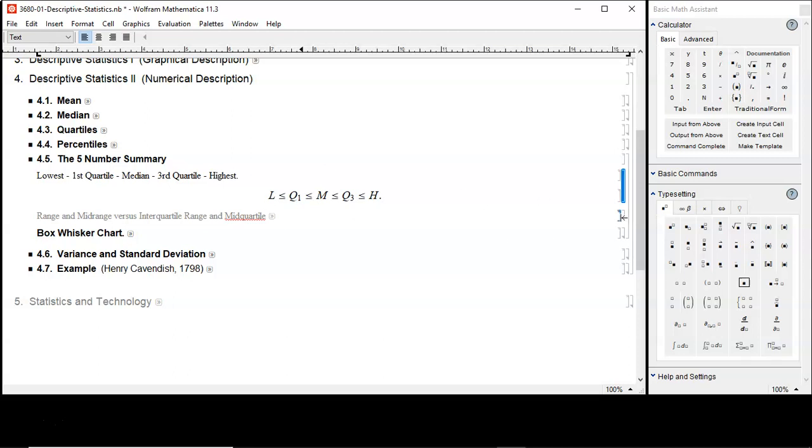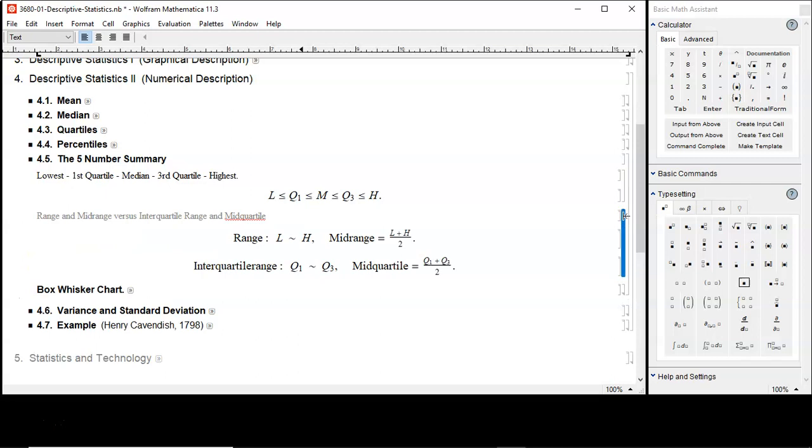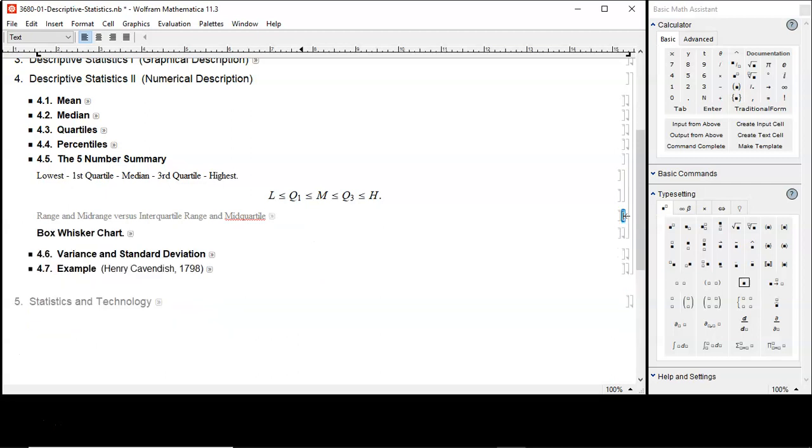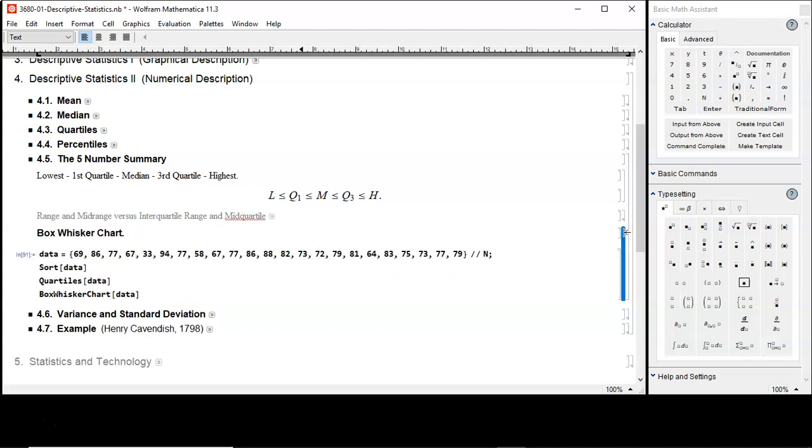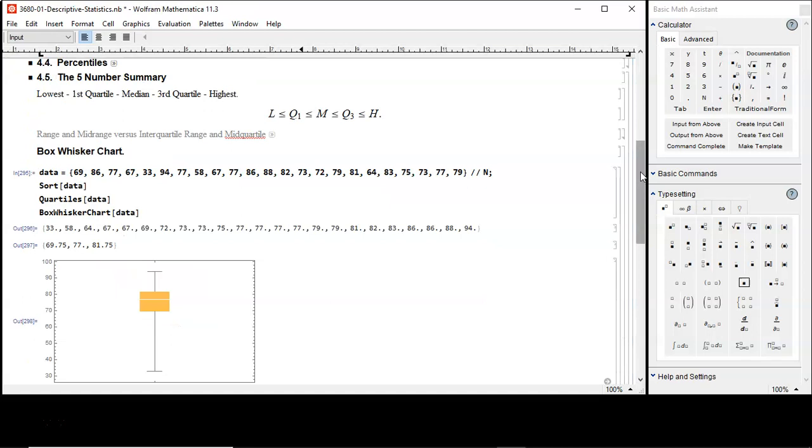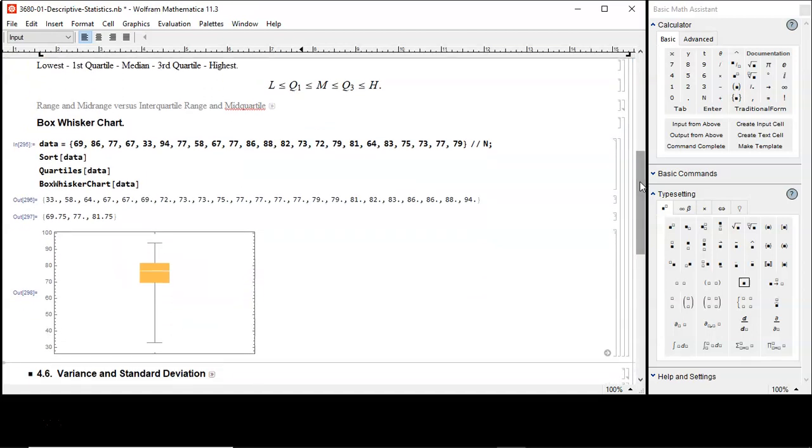And with these 5 numbers, it is customary to create, I'm not going to talk about mid-range and interquartile range. No, never mind. I was going to open the box whiskers chart. With these 5 numbers, it is customary to create a chart like this, and that's called a box whiskers chart. So what do we have here?